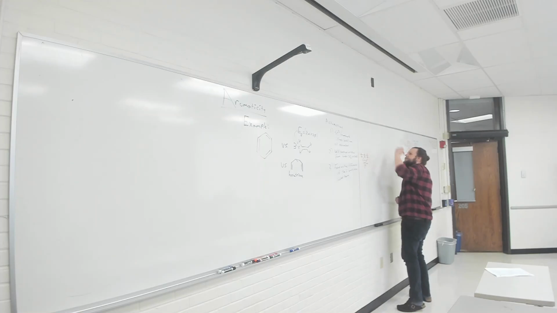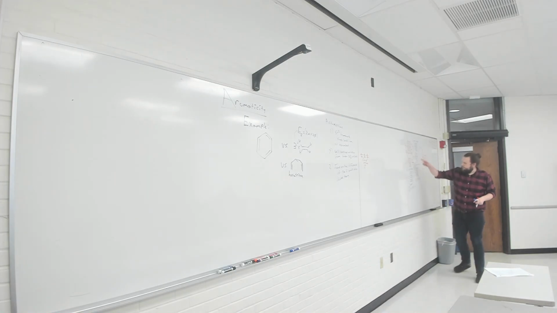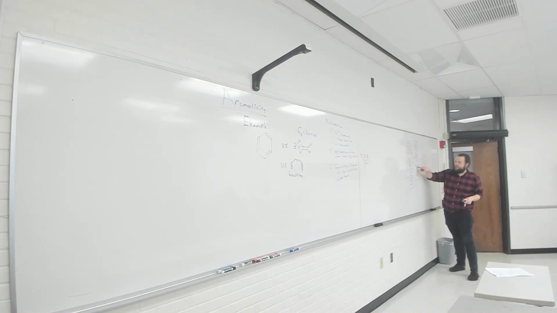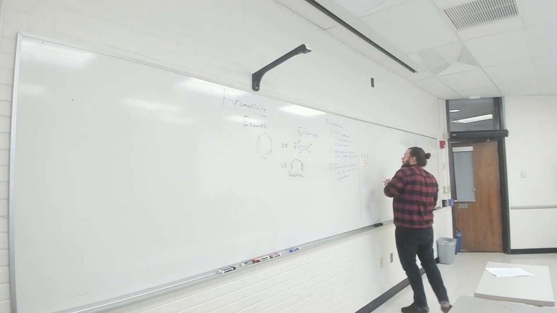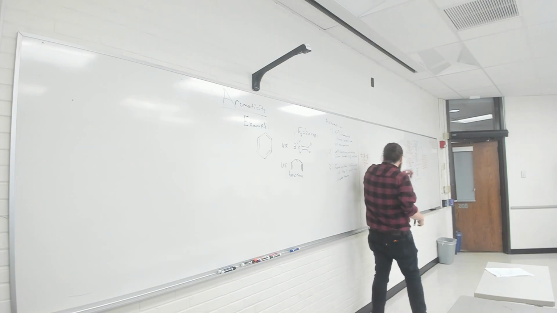And notice for each bonding orbital, we have an anti-bonding orbital corresponding at the opposite energy, or the opposite distance from alpha. These are the bonding, anti-bonding combination. 4 and 3 are the bonding, anti-bonding combination of each other, and so on. So for every line I draw down, I'm going to draw an equal and opposite line in the opposite direction.